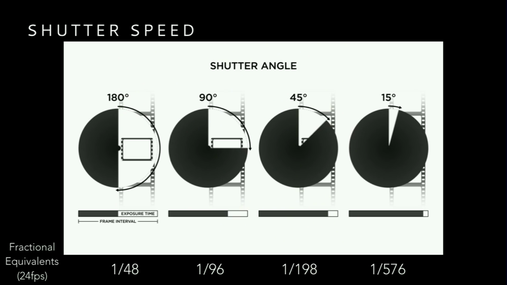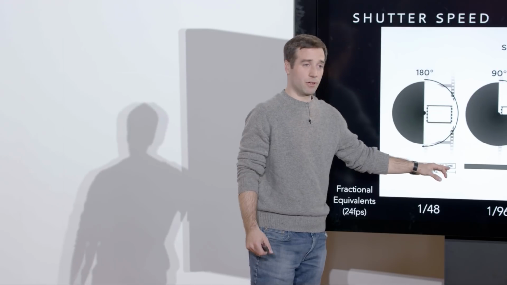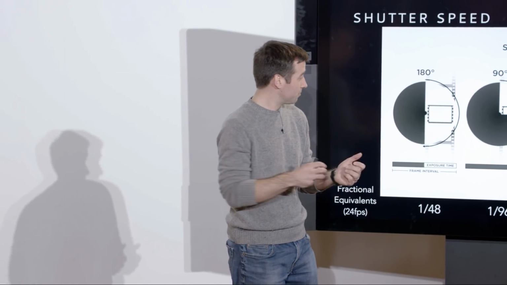The modern equivalent is this shutter right here: when the disc spins around, there's time when the film plane or sensor plane is exposed and when it's closed off. That represents how much time the film is actually exposed for.